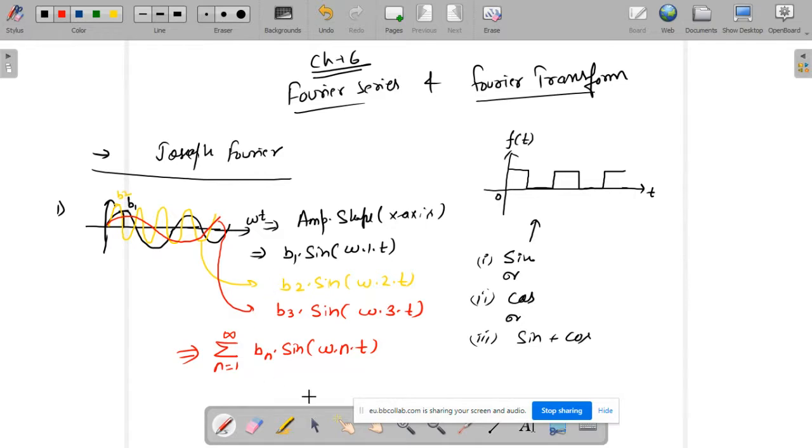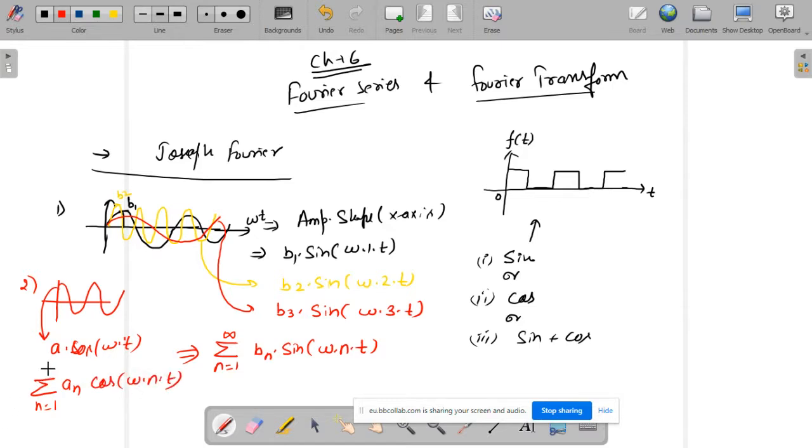And the same equation we write for cos. What is a cos signal? A cos signal looks like this. What is the equation for cos? So a is the variable, then cos, and then omega t. This is the equation. Same here, if I have one million cos signals, how to write? n is equal to 1 to 1 million, then variable a n cos omega n t.